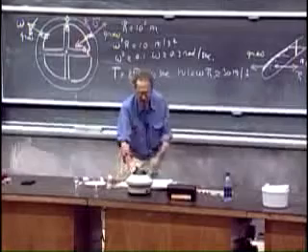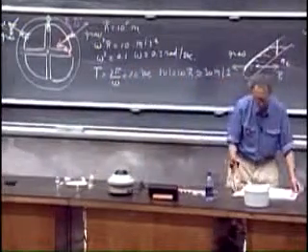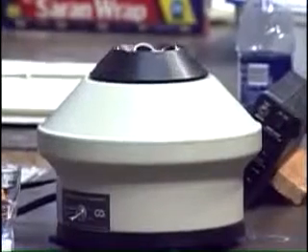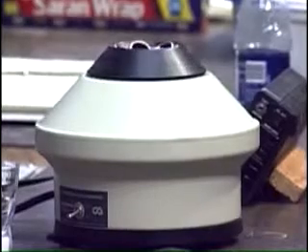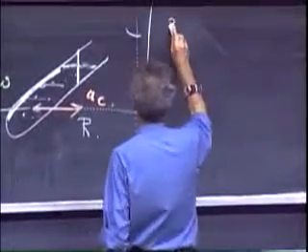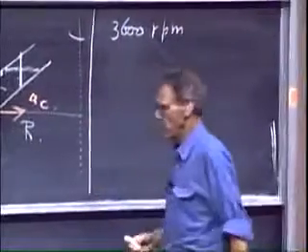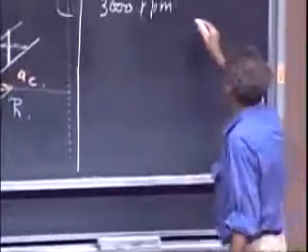Here we have a household, simple, nothing special centrifuge that is used in any laboratory. The centrifuge that we have has an RPM of 3,600 RPM. So 3,600 RPM translates into a frequency of 60 Hertz.